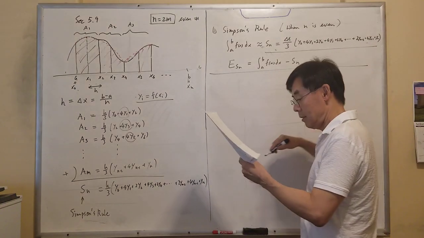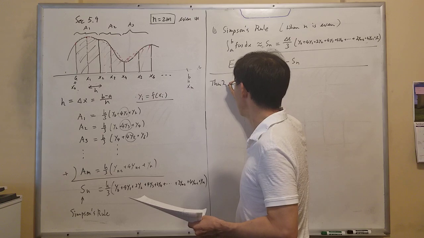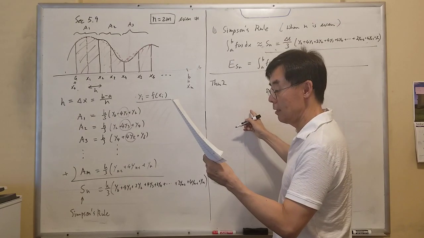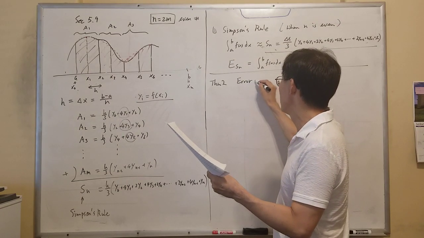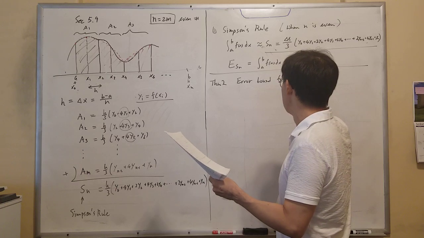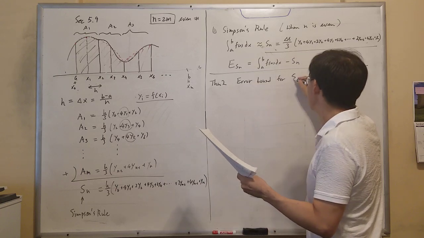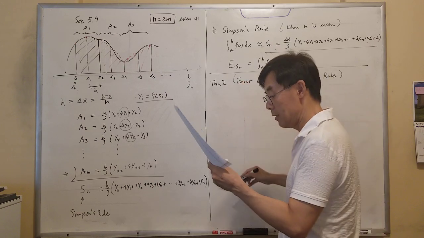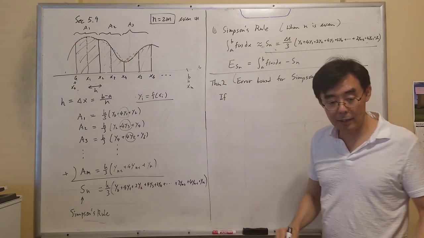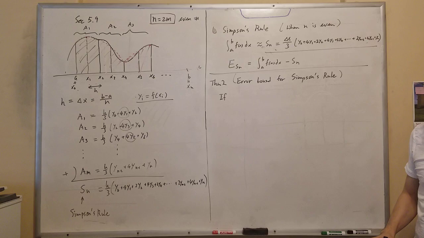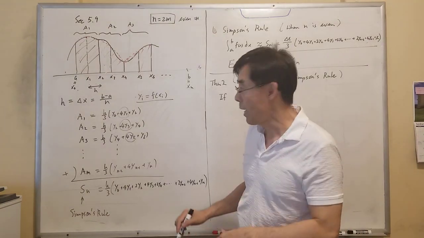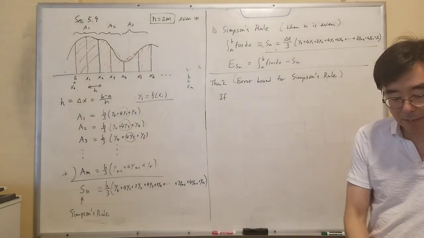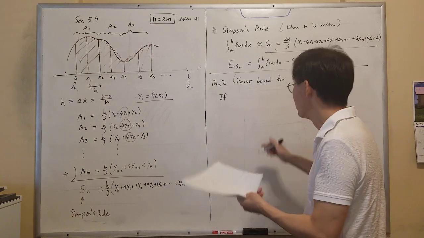Now there is also another theorem for the maximum possible error bound for Simpson's rule. The error bound theorem for the trapezoidal rule and the midpoint rule had a second order derivative less than or equal to K. Here we need the fourth order derivative.